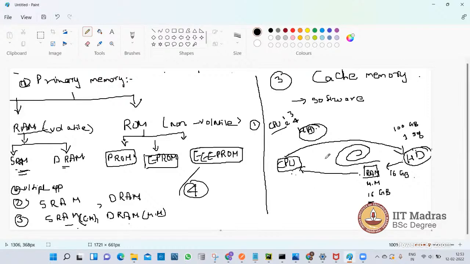Instead of going to the hard disk, it will directly take that data from RAM. This is possible because all the instructions come to the RAM first and then go to the CPU. So if the CPU once again wants to execute any instruction, it goes to the RAM and does not have to go to the hard disk, because the instruction is already available in the RAM itself.